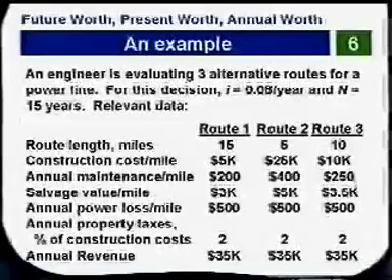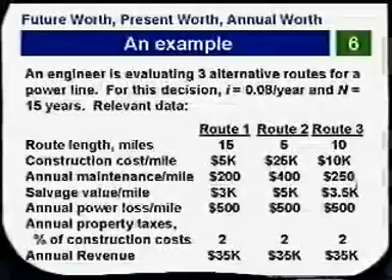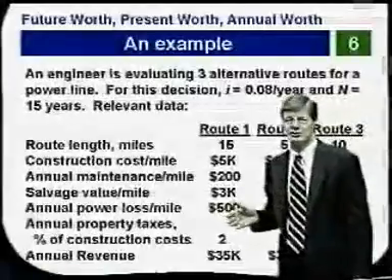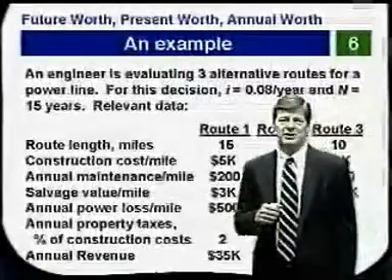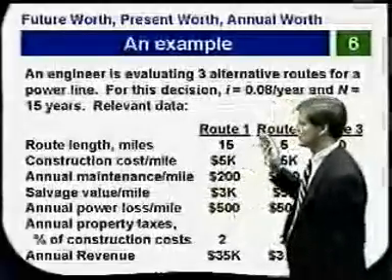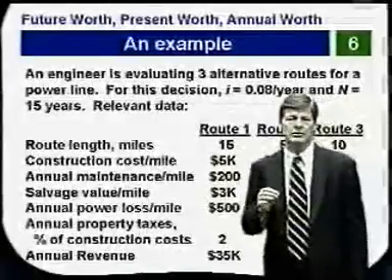The annual property taxes that will be assessed on this particular investment alternative will be a percentage of the construction costs. It's 2% of the cost of construction. And the annual revenue, regardless of which particular route I choose, will be the same, $35,000 per year.